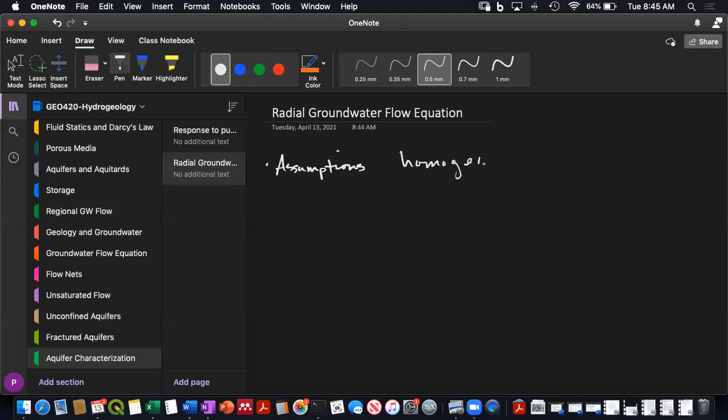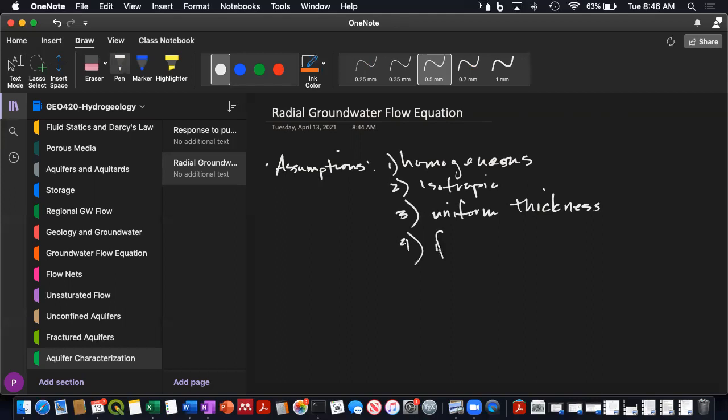Homogeneous. Isotropic. Uniform thickness. Fully screened confined aquifer.